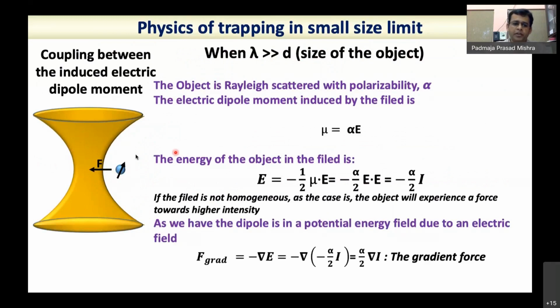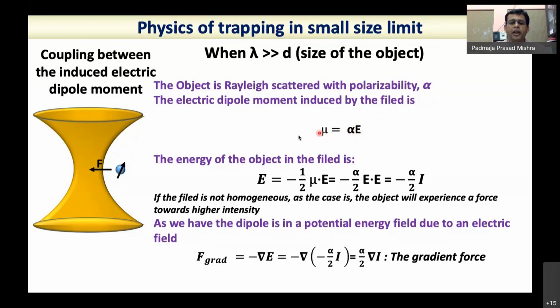As we are discussing the case where lambda is much larger than the diameter of the object, with a polarizability alpha, the electric dipole moment can be described as mu equals alpha times E, where E is the electric field. The magnitude of the induced dipole moment will be the polarizability times the electric field.